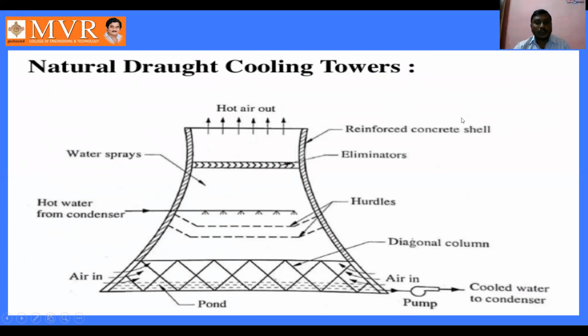See here, the outside air is very cold, and the air inside the cooling tower is at a very high temperature. So as there is a difference between the temperatures and pressures of the cooling tower and the atmosphere, because of this difference in temperature and pressure, the air directly enters into the cooling tower.